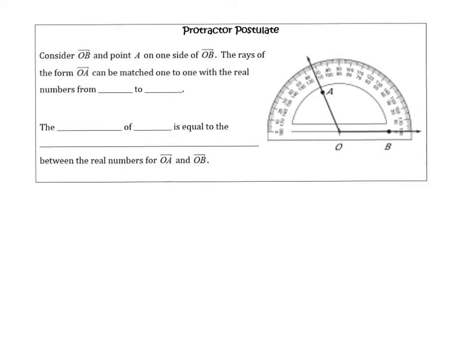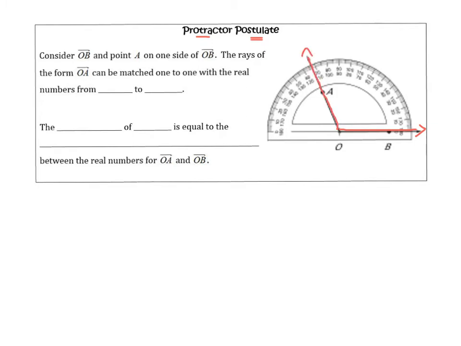Next, we come across the protractor postulate. Now remember, a postulate is a rule in geometry that we accept without proof. So in the picture to the right, we have this angle placed on this protractor. We have side OB, which is a ray, and ray OA.